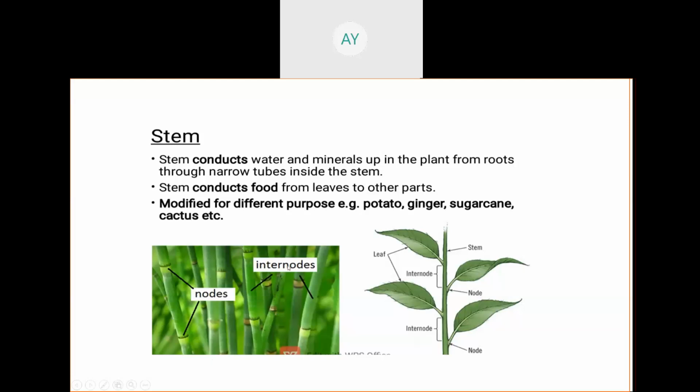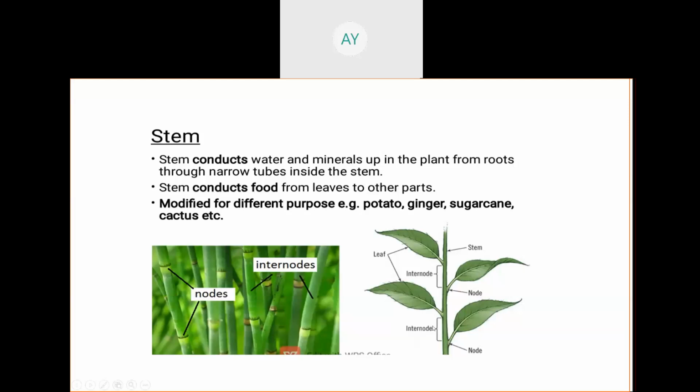On the basis of the internode and node, you can identify this is a stem, otherwise it is not a stem. The circular ring-like structure is where there are active cells that are responsible for increasing the height of the plants, trees, herbs or shrubs. This is the main characteristic feature of the stem.